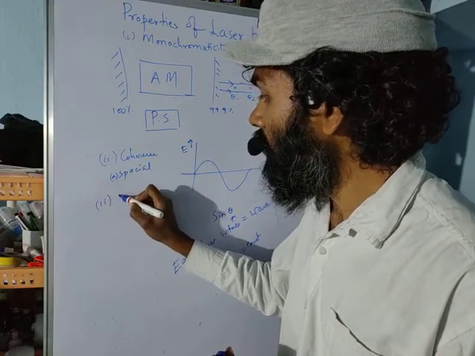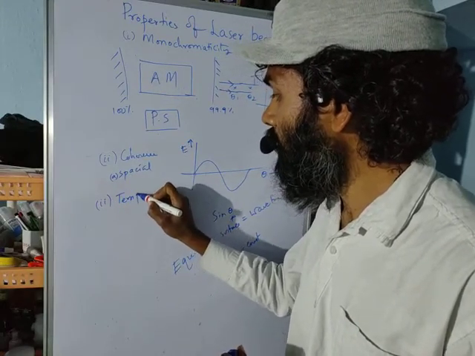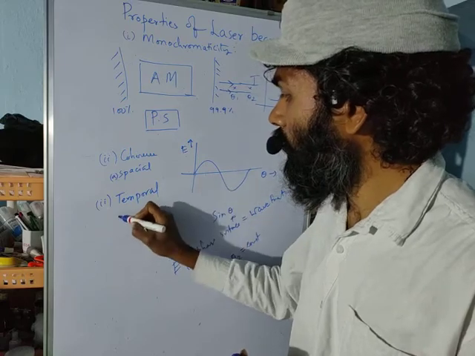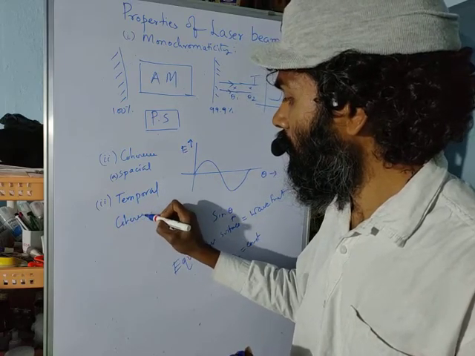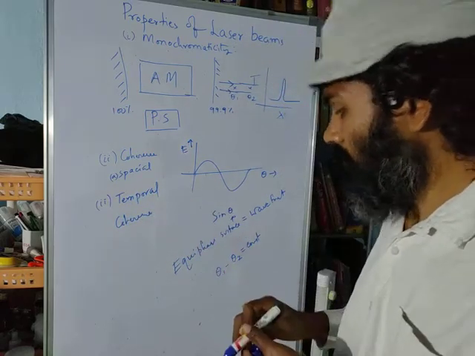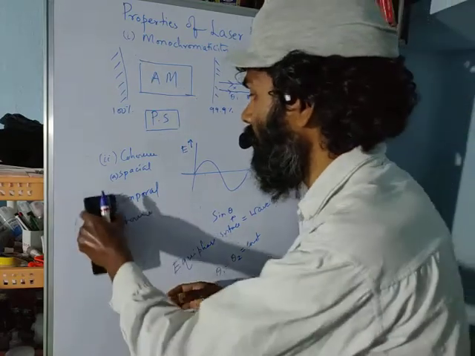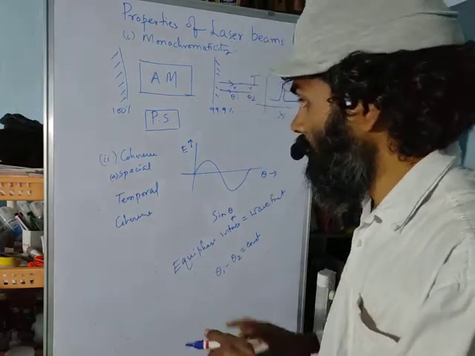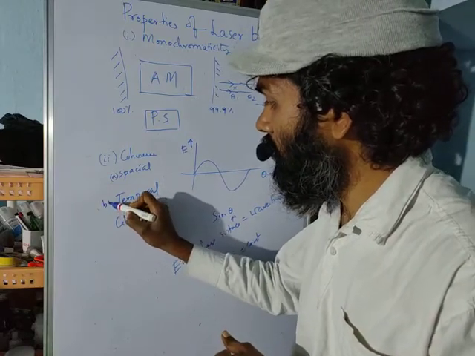So let me write that first, temporal coherence. This should be b, because we considered spatial coherence as a.